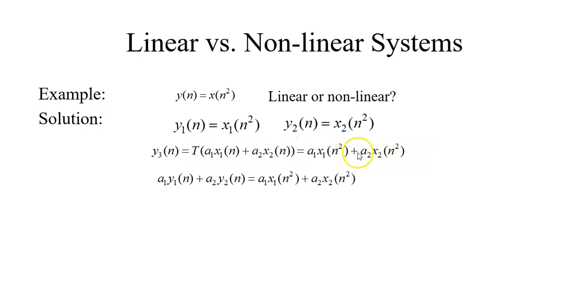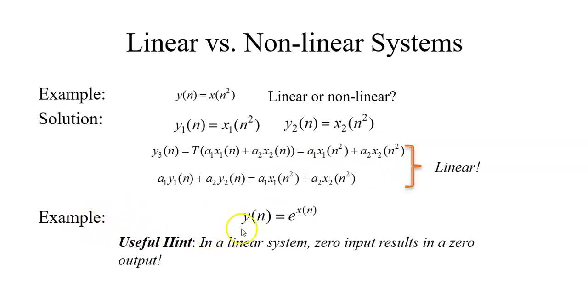This is the superposition property, and I can make this for every input separately to have output y1 for the input x1 and y2 for the input x2. This is the second input. So they are linear. Why linear? Because they are the same. As you see, this is the same as here.